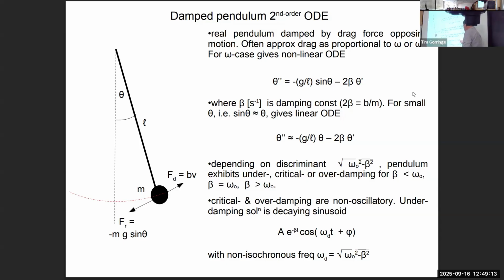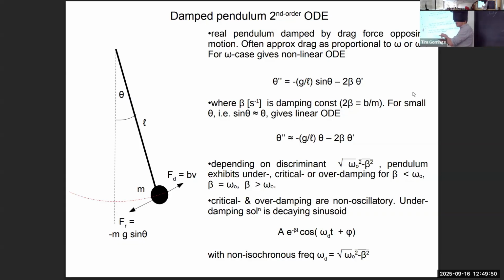Here's the solution for the underdamping case. Interesting to compare it to the solution for the no damping case. In both cases, you got sinusoidal oscillations. In the zero damping case, there was a single natural frequency. In the underdamping case, this frequency varies with the relative sizes of the natural frequency and the damping constant.